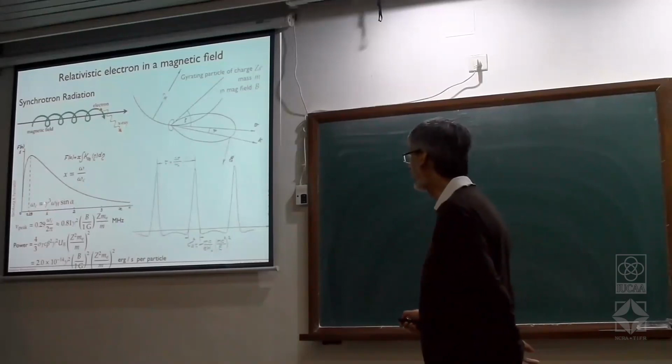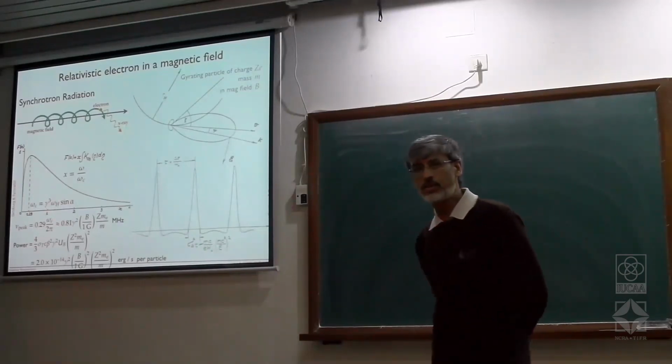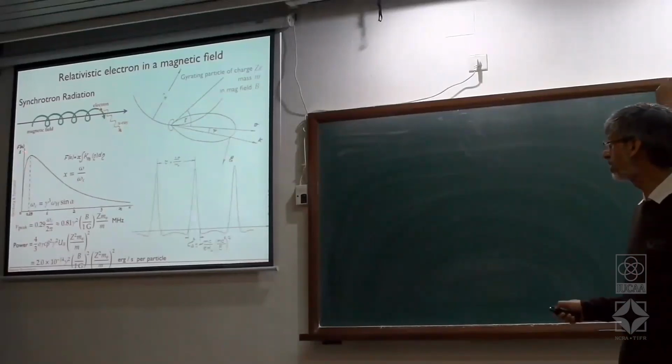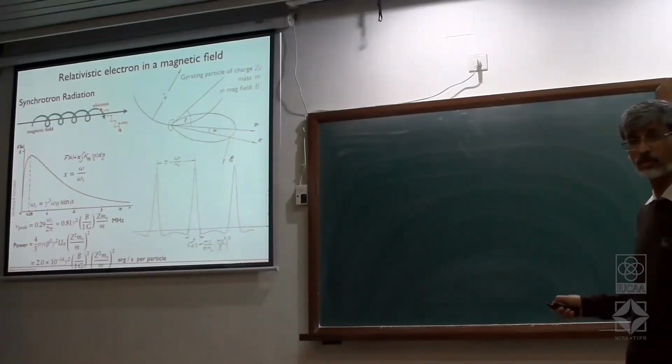This omega h is eB over gamma mc. So therefore, this peak synchrotron frequency, the characteristic synchrotron frequency, is proportional to gamma squared, not gamma cubed.